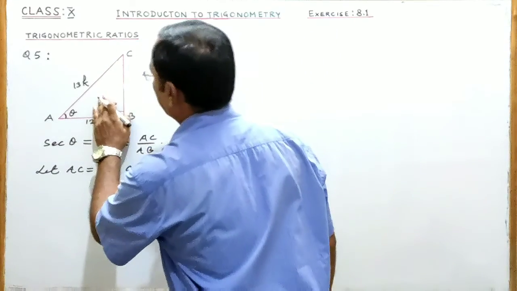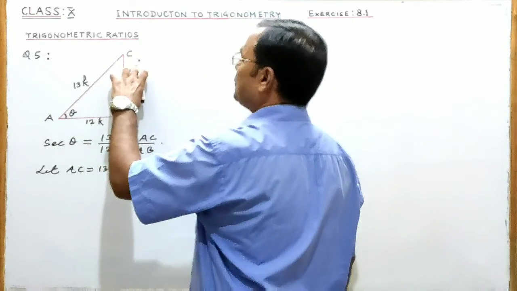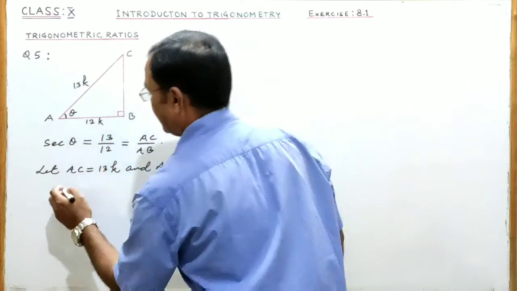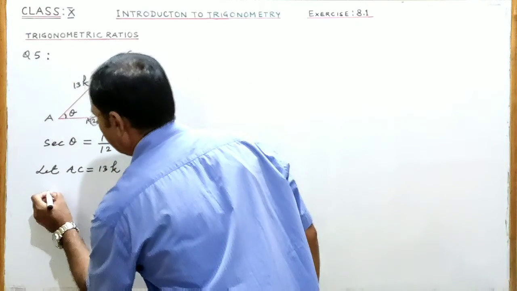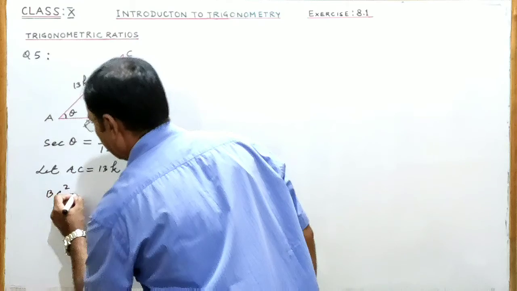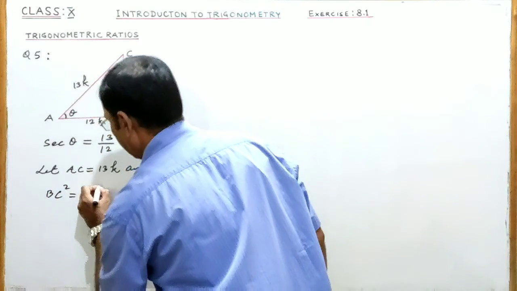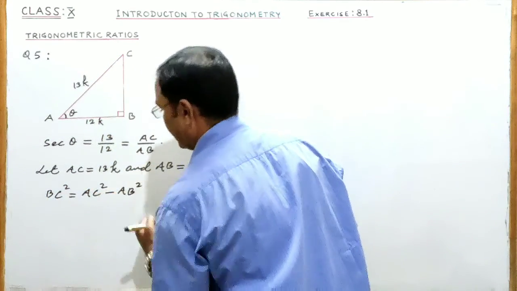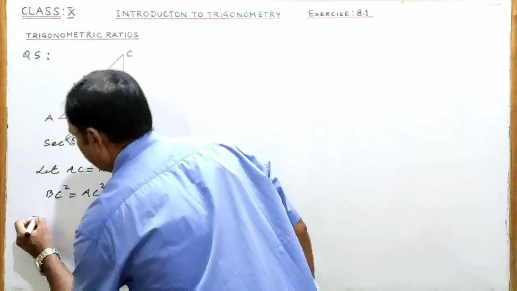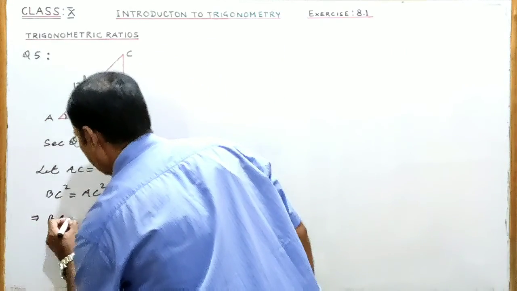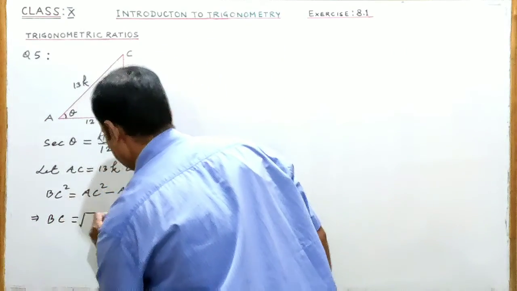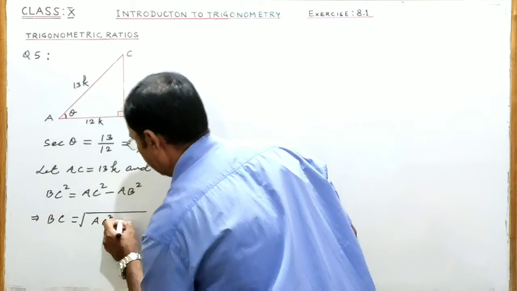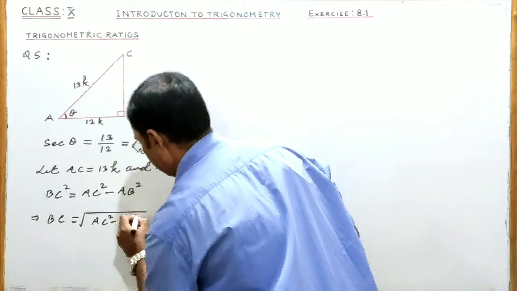So using Pythagoras theorem we can write BC square is equal to AC square minus AB square, and we can write BC is equal to under root AC square minus AB square.